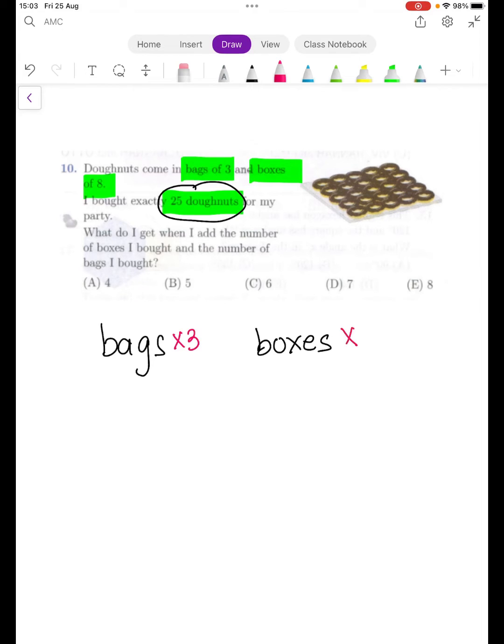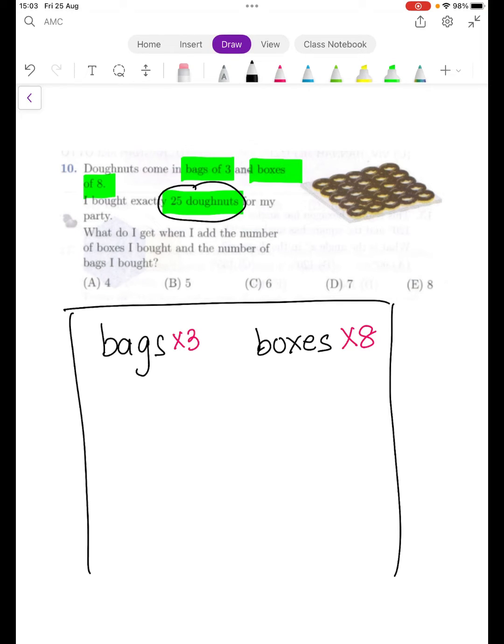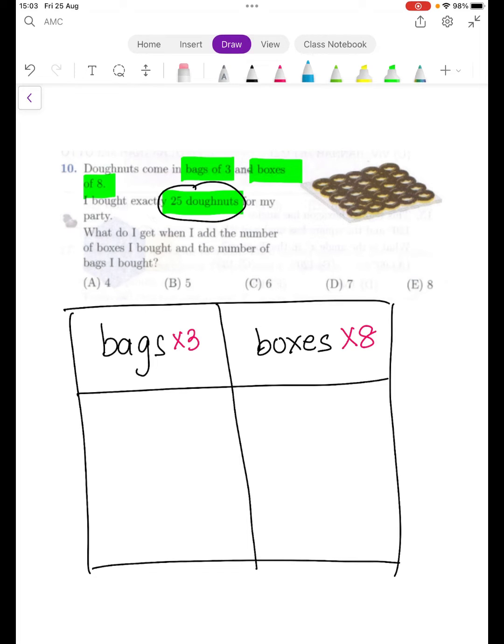In bags, we can only buy in groups of 3, and boxes we can buy in groups of 8. Sorry, lines are not very straight. So I need to buy 25. Let's start. If I buy 1 box, that will be 8 donuts.